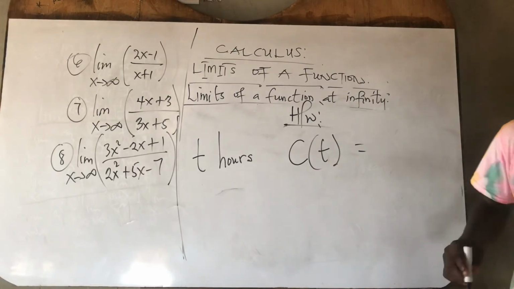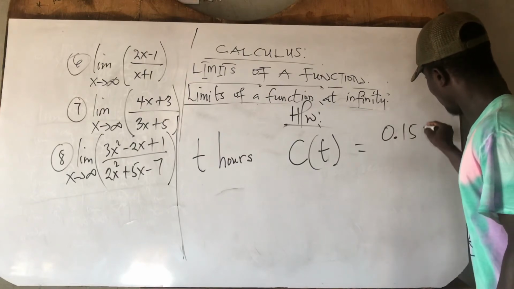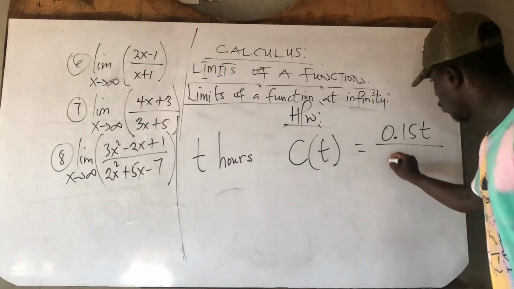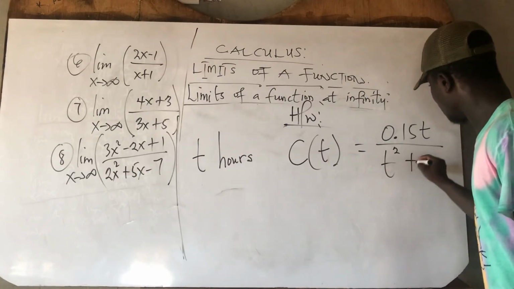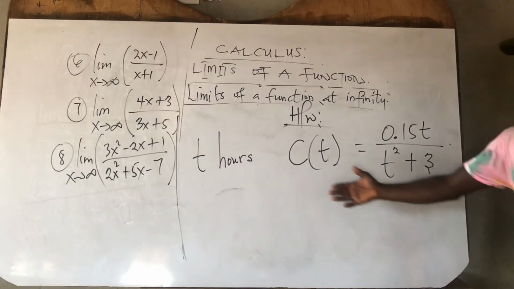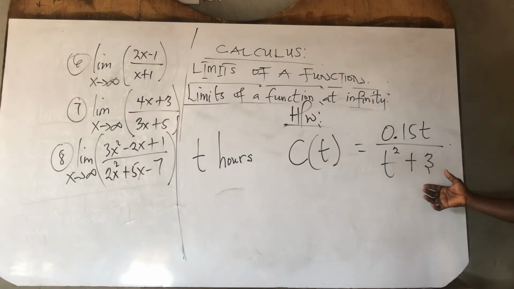T. So C of T is equal to what? 0.15 T all over T squared plus 3. So it's given by this. The function is in terms of T.